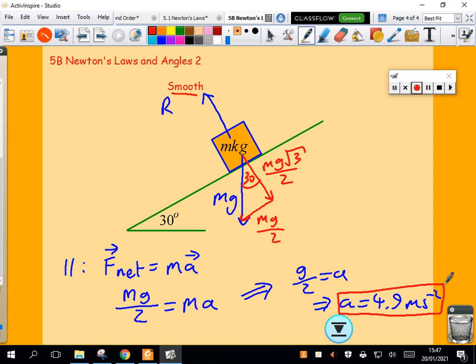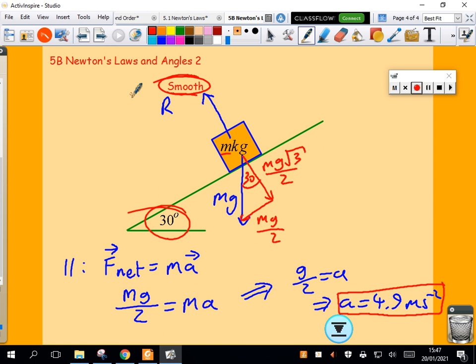So one thing to note, the acceleration of the particle does not depend on the mass of the particle at all. What it does depend on is the angle that the plane is inclined, and it would also of course depend on whether it's smooth or rough, and how great friction is. But the mass of the object isn't really affecting the acceleration in this case.